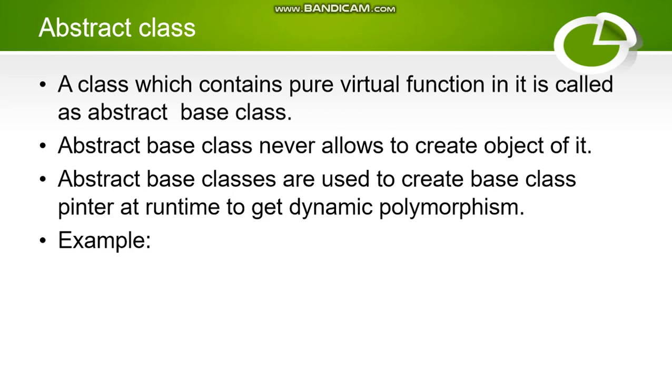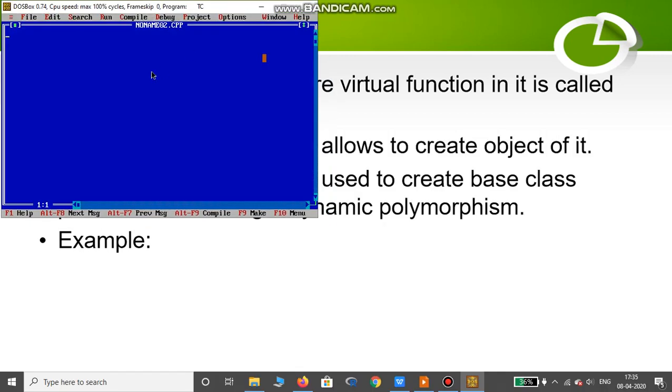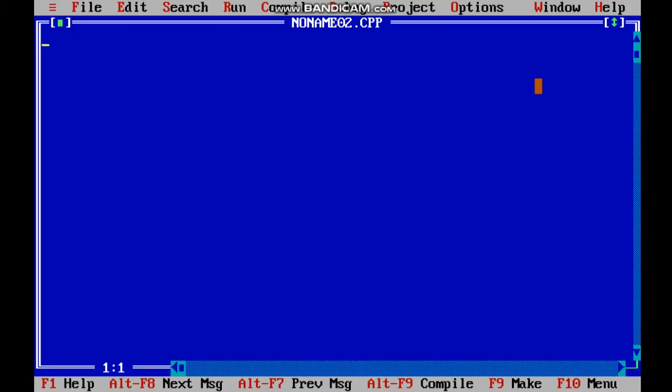Okay, so let's see one example of what is meant by an abstract class and pure virtual function. We will do one program for it. So first, #include <iostream.h> and #include <conio.h>.